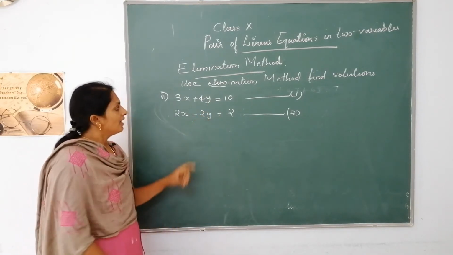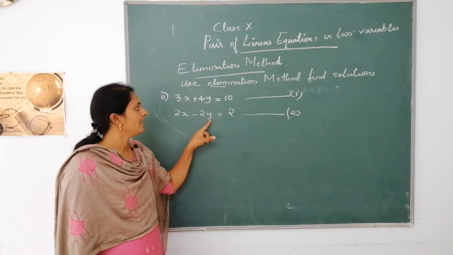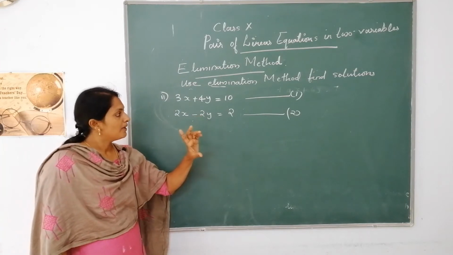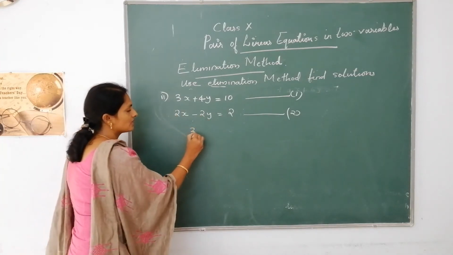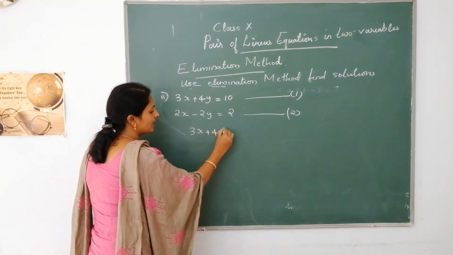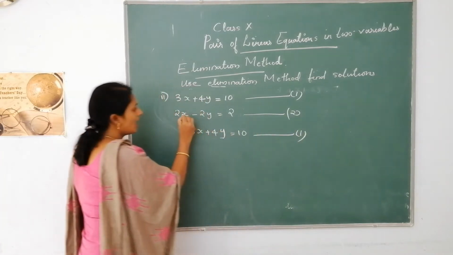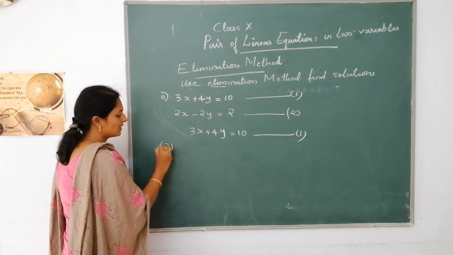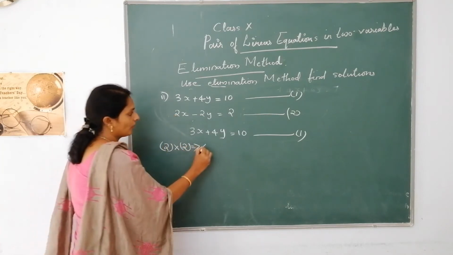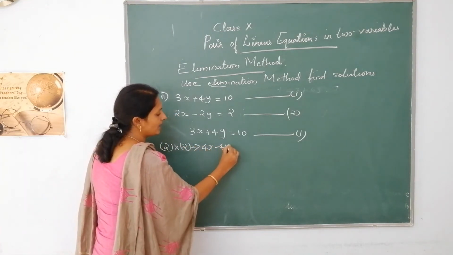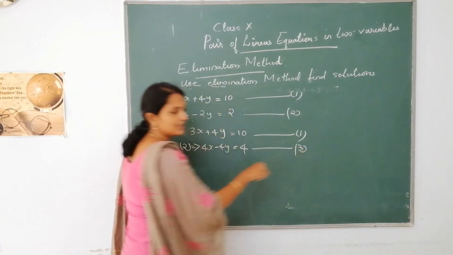To make the coefficient of y equal, we multiply the second equation by 2. Then 3x plus 4y is equal to 10 is the first equation, and multiplying the second equation by 2 gives 4x minus 4y is equal to 4. This is equation number 3.